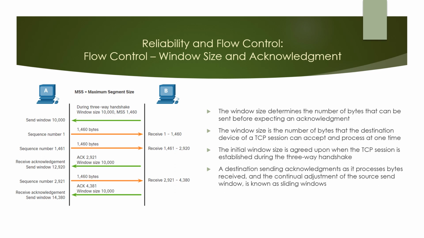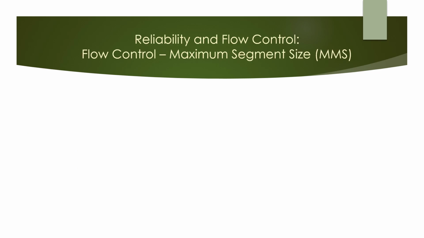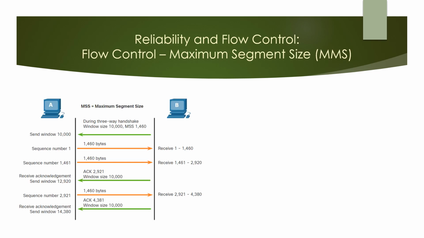If the availability of the destination buffer space decreases, it may reduce its window size to inform the source to reduce the number of bytes it should send without receiving an acknowledgement. And here in this figure, there is the source that is transmitting 1,460 bytes of data within each TCP segment.